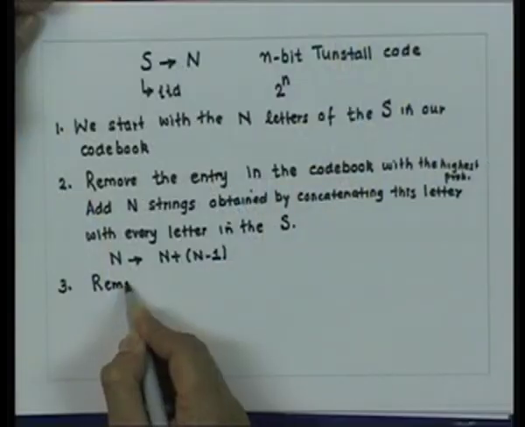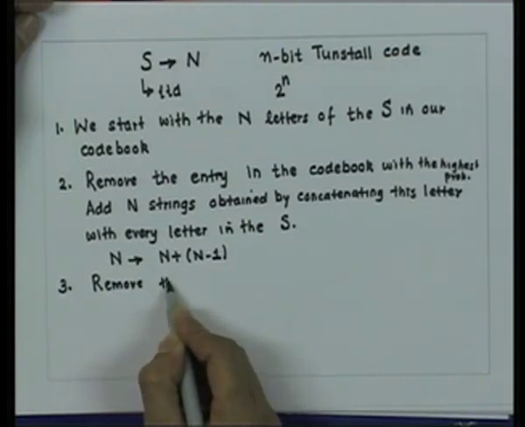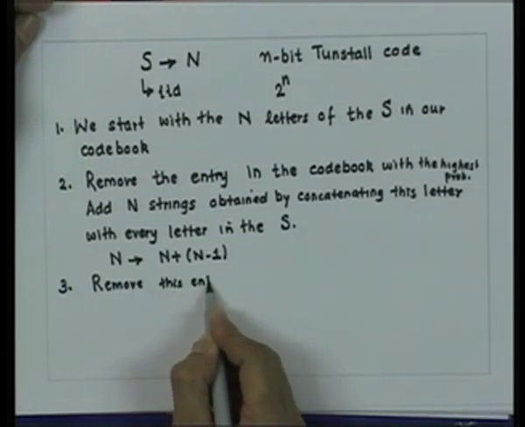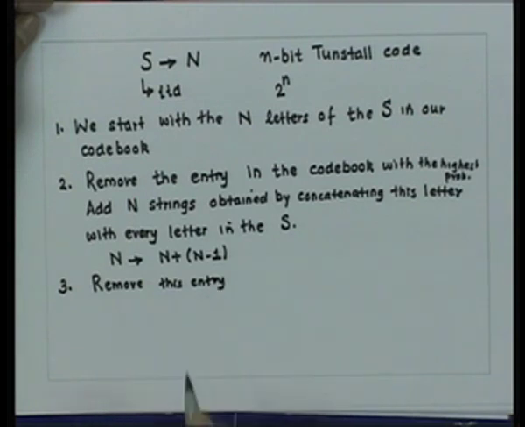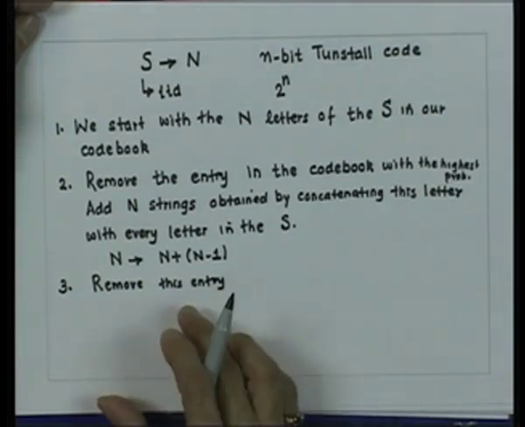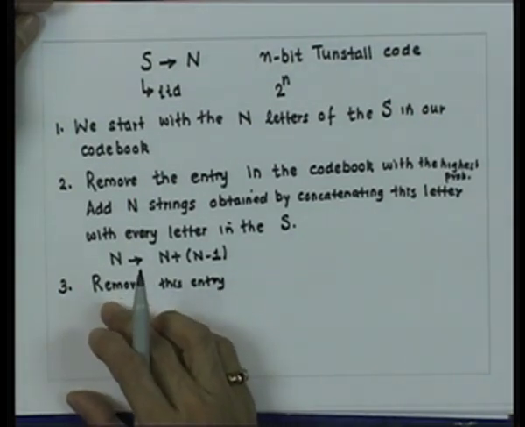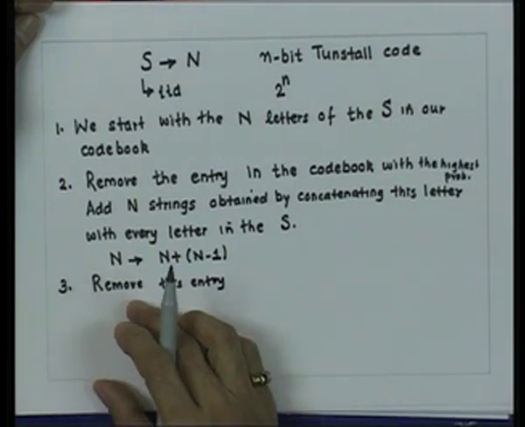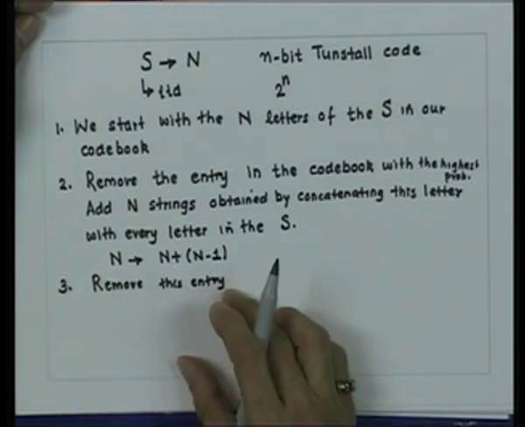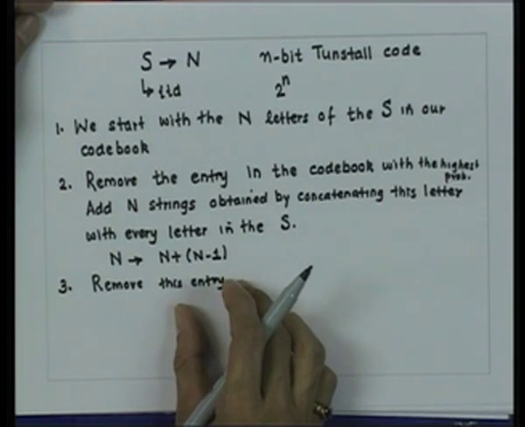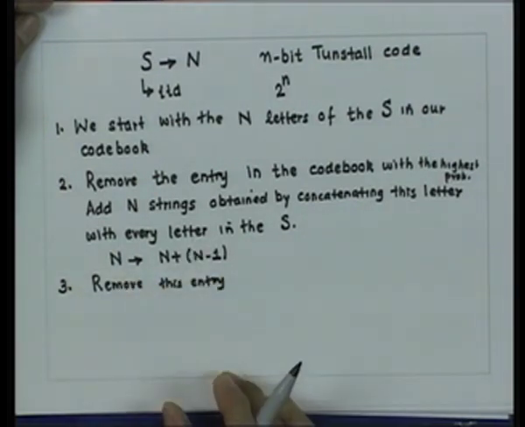Then once we have found that symbol with the highest probability, remove this entry and add the n strings obtained by concatenating this entry which we have removed with every letter in the alphabet.